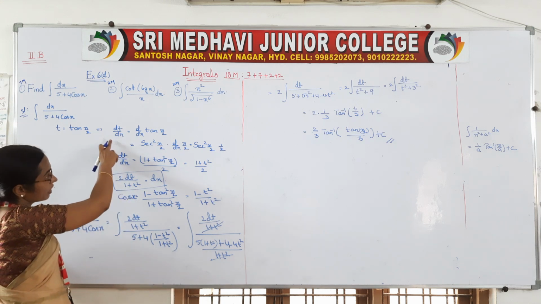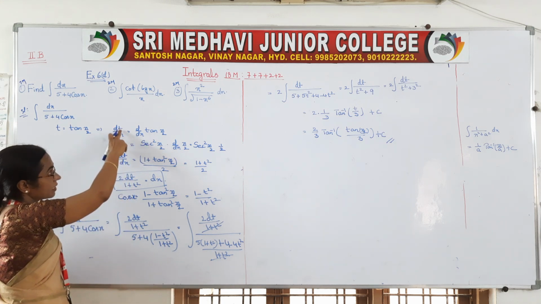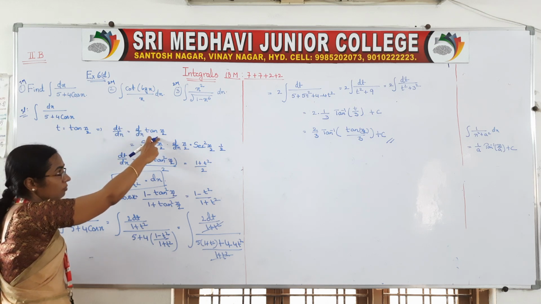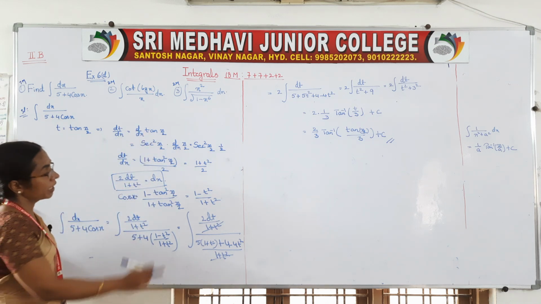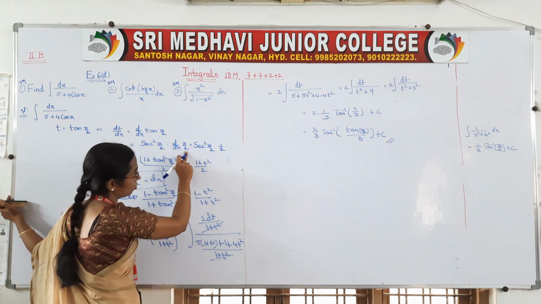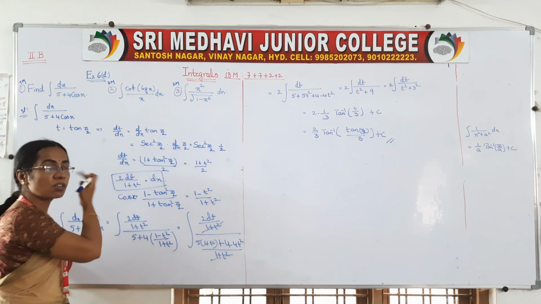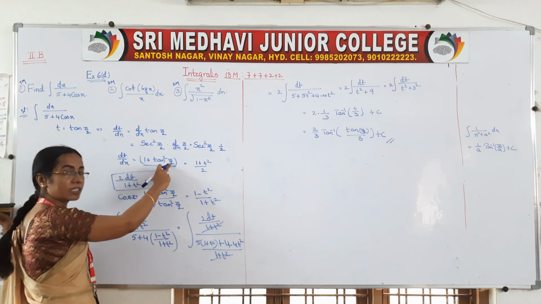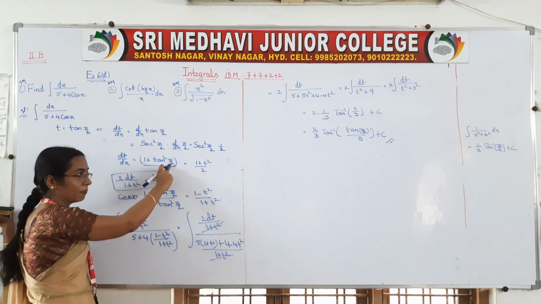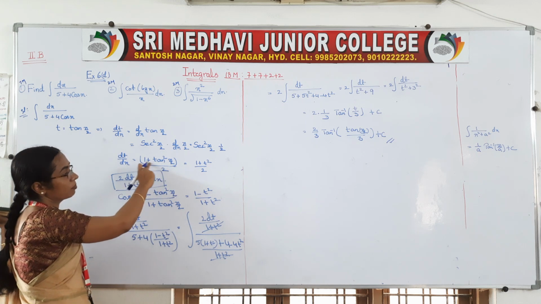Then differentiating with respect to x on both sides, dt by dx, d by dx of tan x by 2 is secant square x by 2 into d by dx of x by 2, right? So d by dx of x by 2 can be written as 1 by 2 outside, d by dx of x is 1, so it is 1 by 2. Next, secant square can be written as 1 plus tan square by our trigonometric formula.